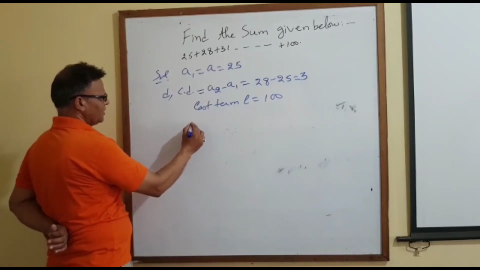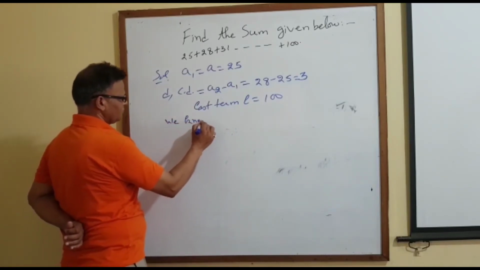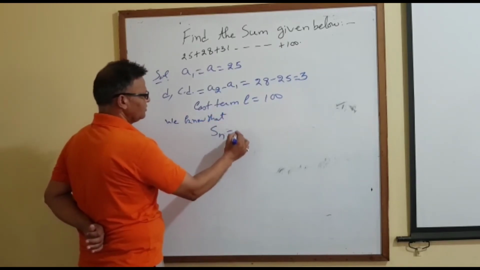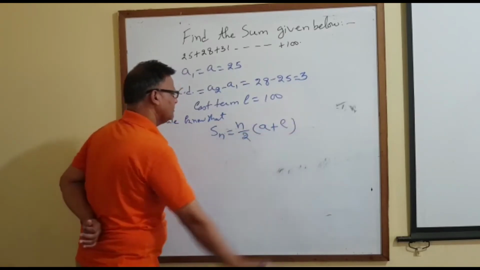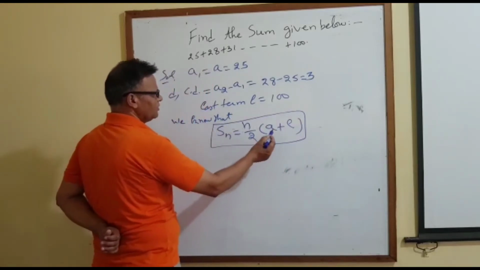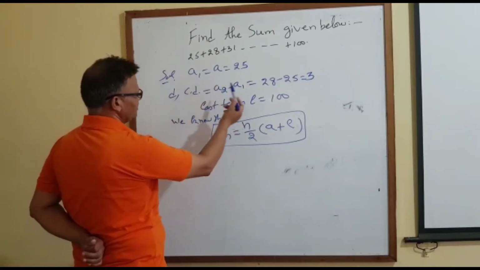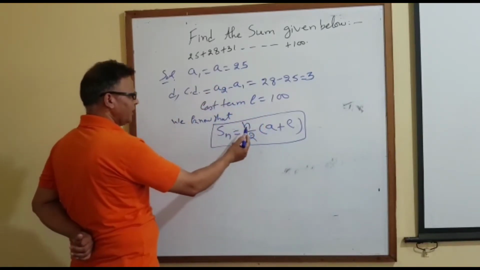Now write the formula. We know that Sn is equal to n over 2 into a plus l. Here a is given, l is given, but n is not given.